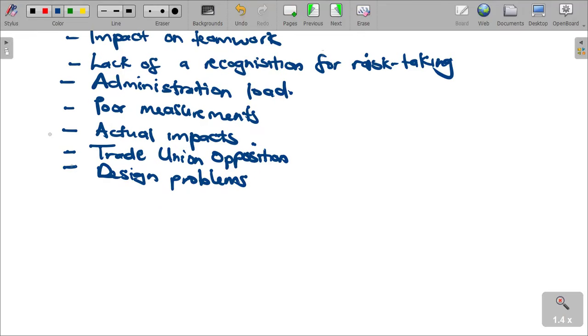And also, you can find inappropriate standards. It might result in inappropriate standards. In which way?